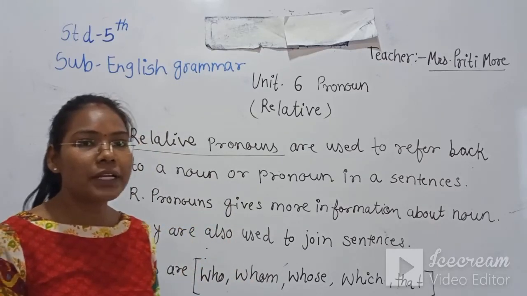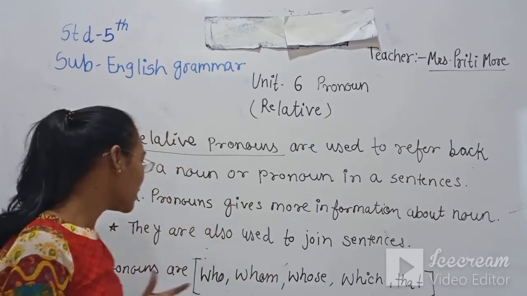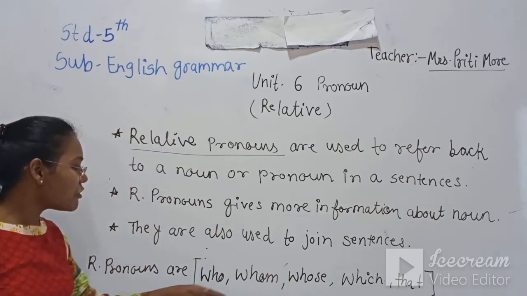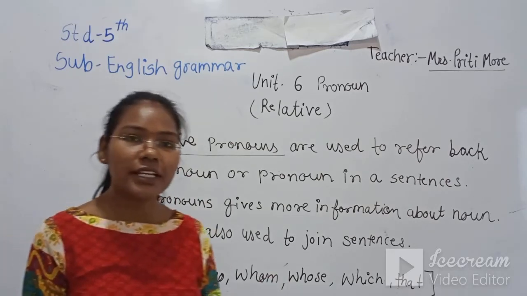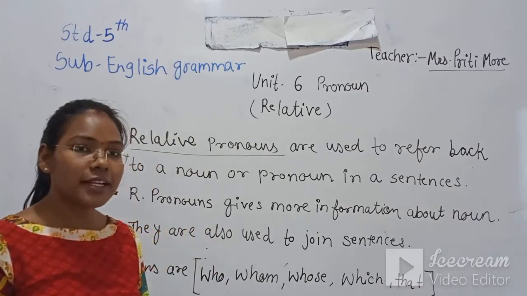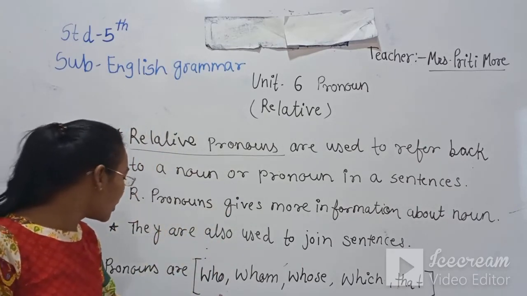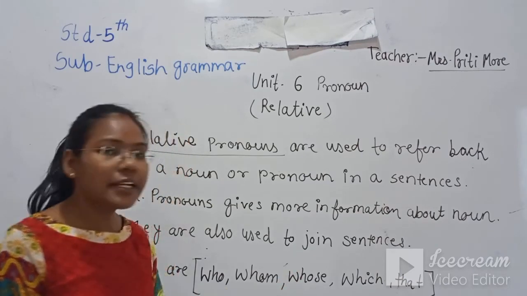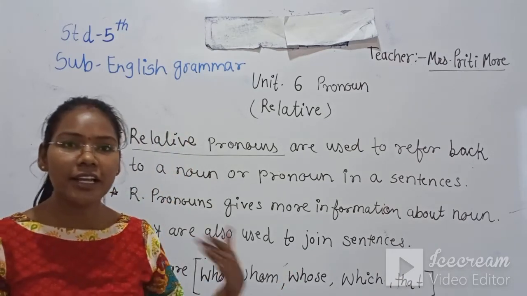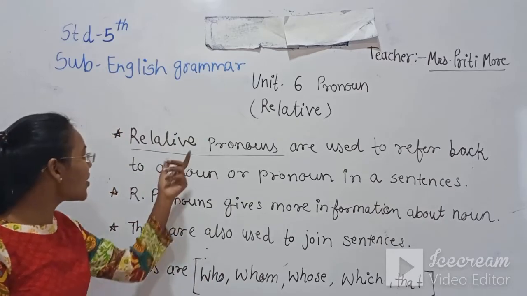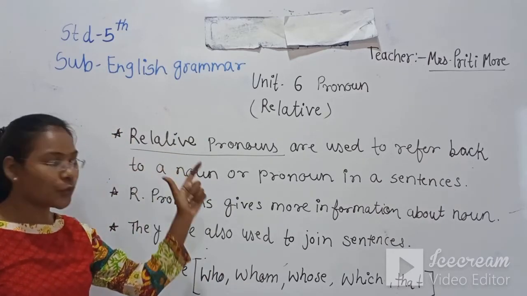Now what kind of relative pronouns are there? So there are a few relative pronouns which we can use to join the sentence. Relative means these relative pronouns are related to the subject, that's why it is called the relative pronoun.